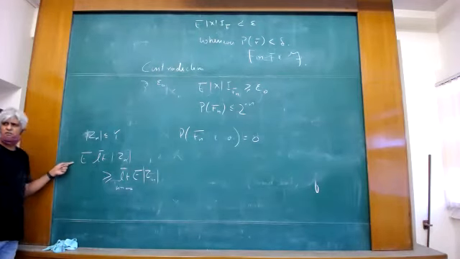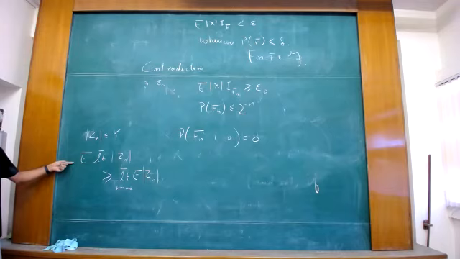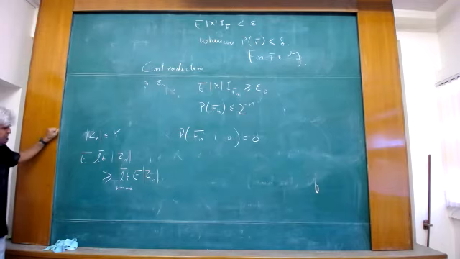So this is reverse Fatou. So the expected value of lim sup of Zn is greater than or equal to lim sup of the expected value of Zn.